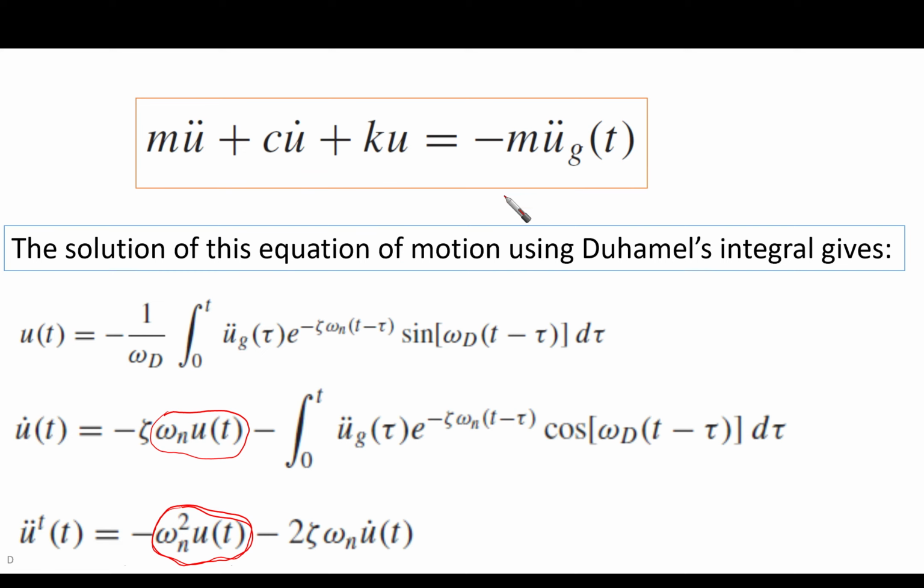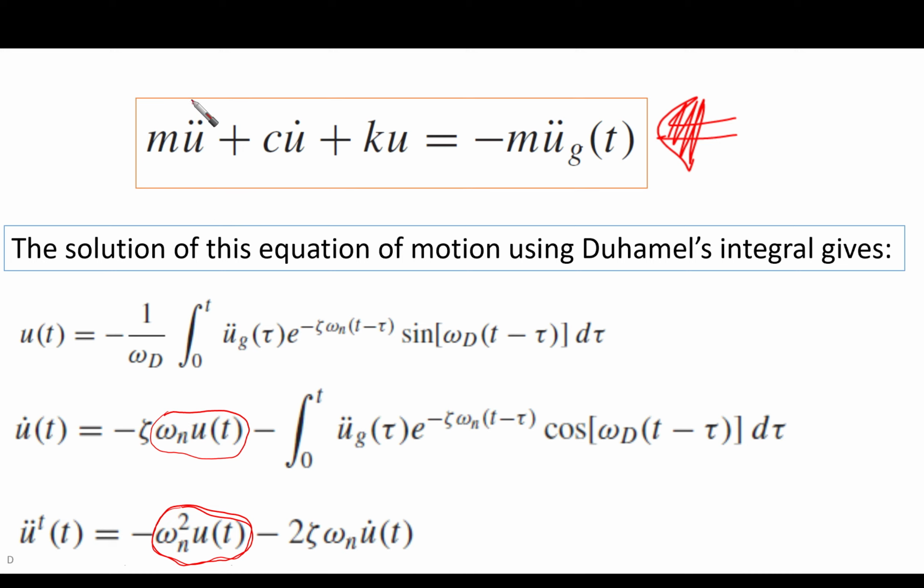Let's go to the basics and to the main differential equation. If you remember this differential equation, we explained it at the very beginning of the fundamentals of dynamics in this course. The first term on the left-hand side is the inertia force, which is m times u double dot, the relative displacement or deformation.